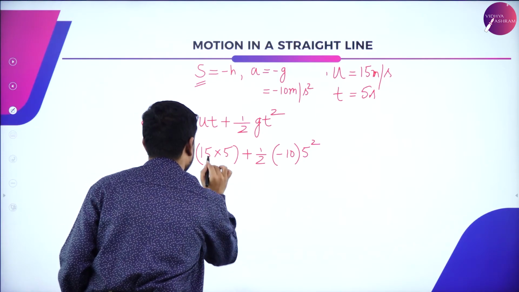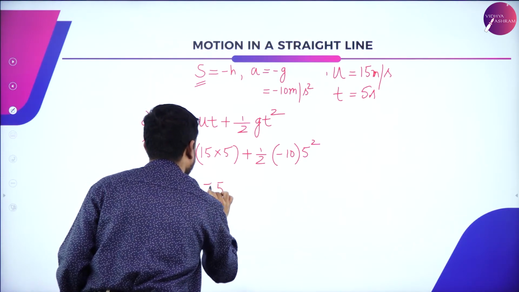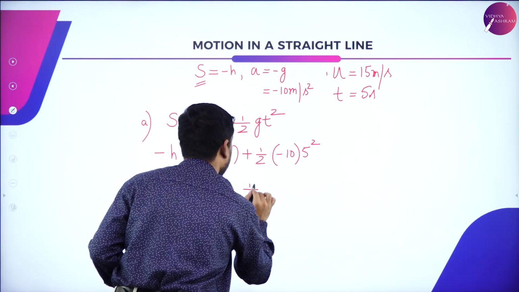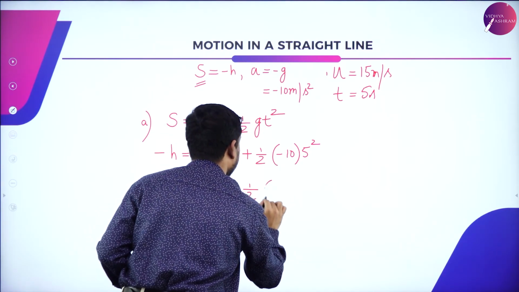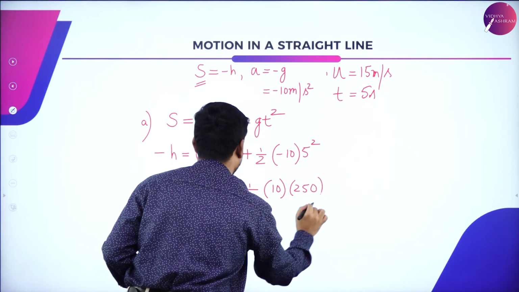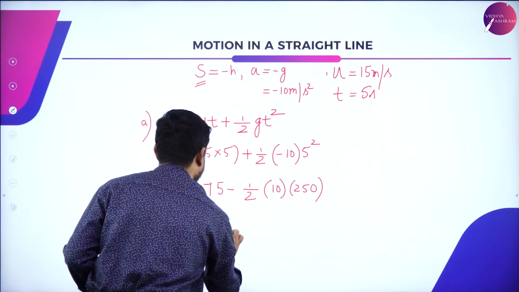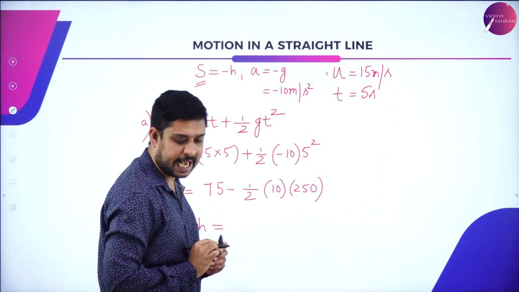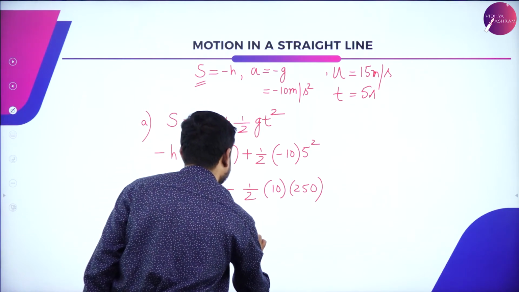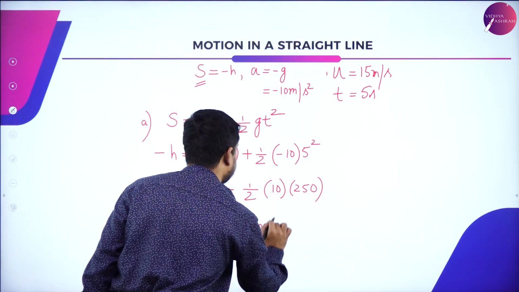Minus h equals 75 minus half into 10 into 25. So when you simplify, minus and minus gets cancelled. Height of the tower is 50 meter.